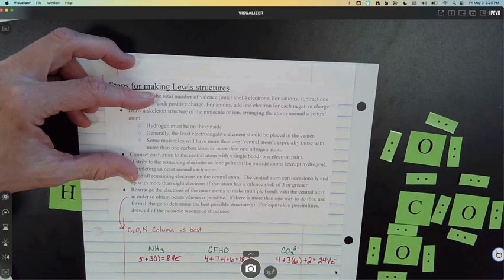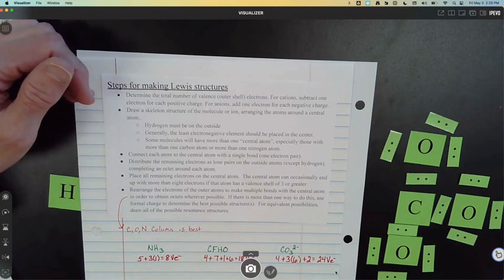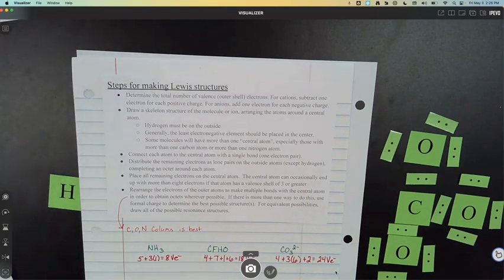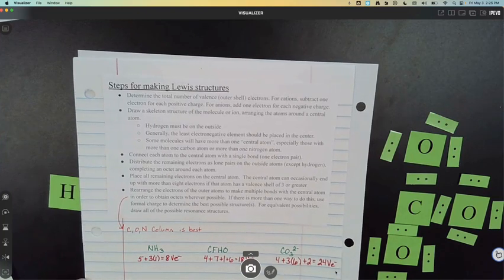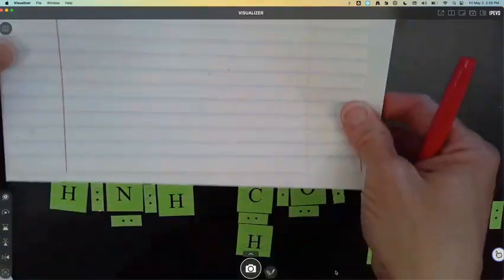If you can avoid multiple bonds to the halogens, we're going to try to avoid multiple bonds to the halogens. The formal charge thing we'll worry about in a little bit because we don't need it right away to do this. So later on, we're going to look at formal charge, but it just complicates the issue at the moment.